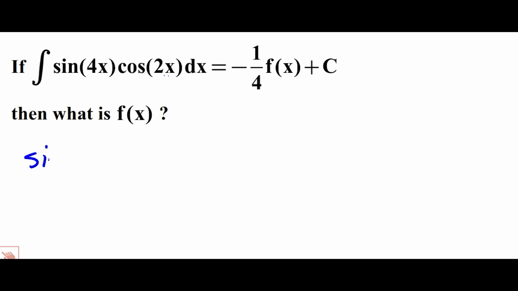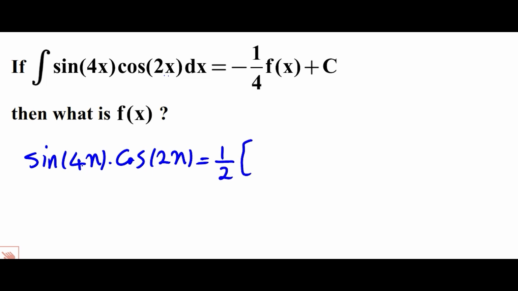So, sine of 4x times cosine of 2x equals 1/2 times sine of 4x plus 2x, which is sine of 6x, plus sine of 4x minus 2x, which is sine of 2x.